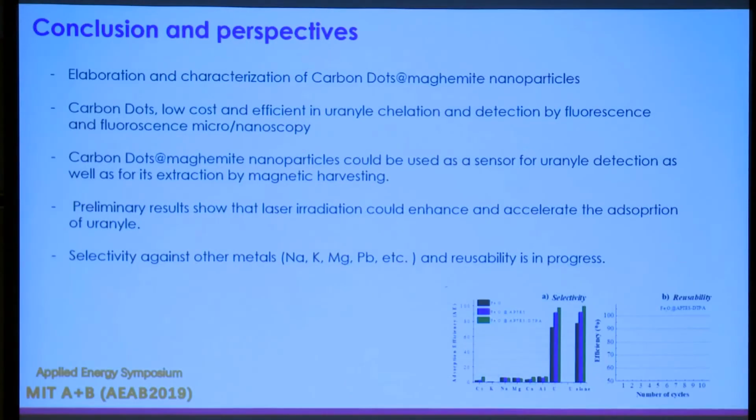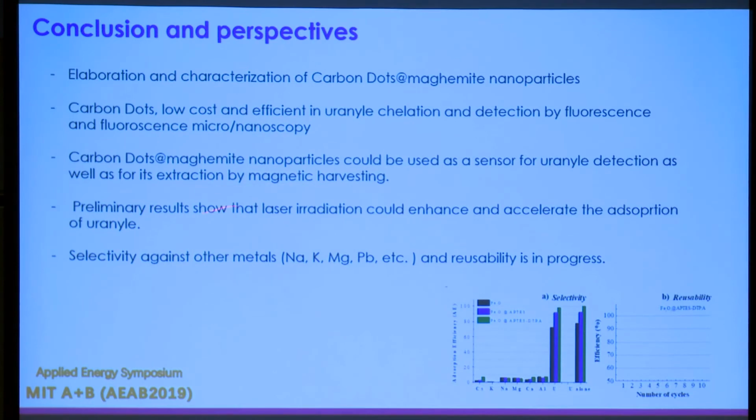So to conclude, I would like to show you that we are able to elaborate carbon dots with magnetic nanoparticles. The main interest of the carbon dot is the fact that it's a low-cost material. This kind of functionalized material can also be used as a sensor for uranyl detection.